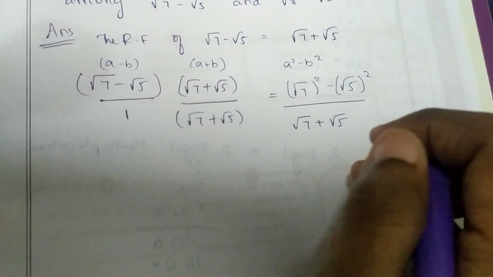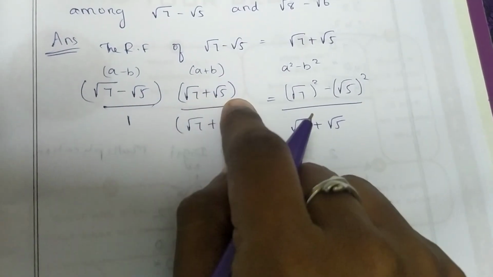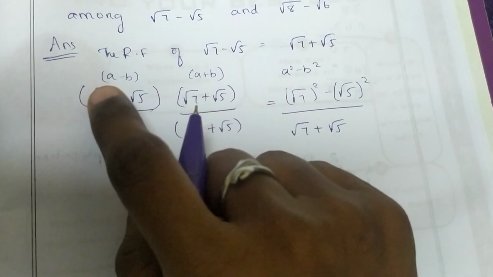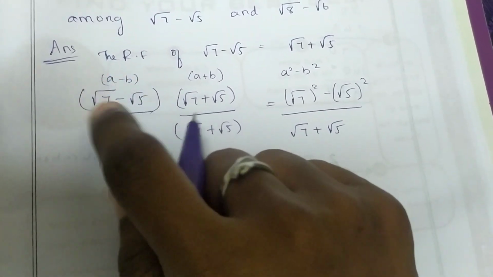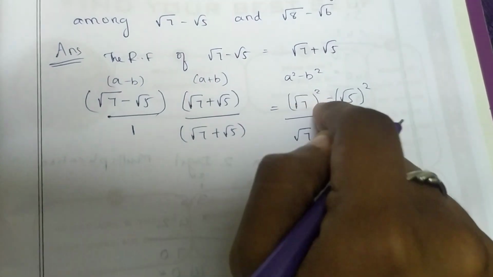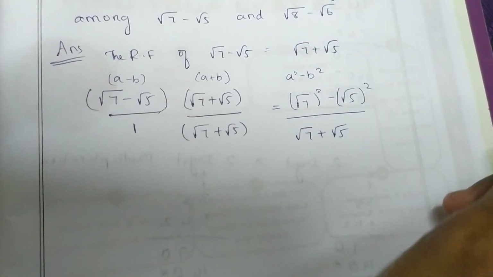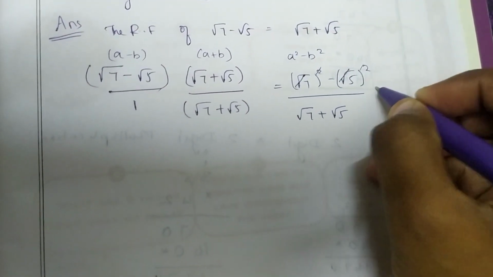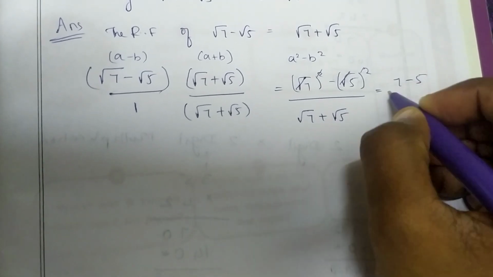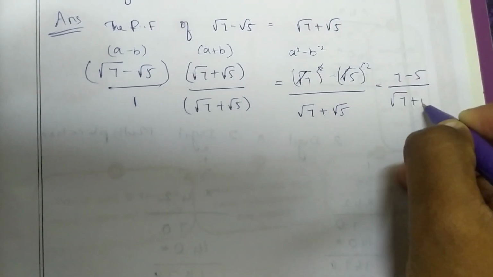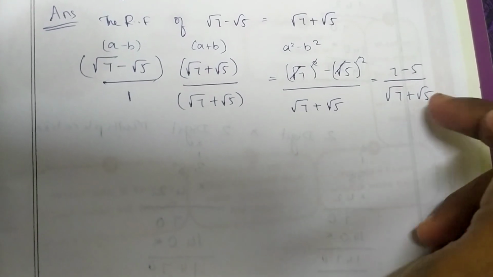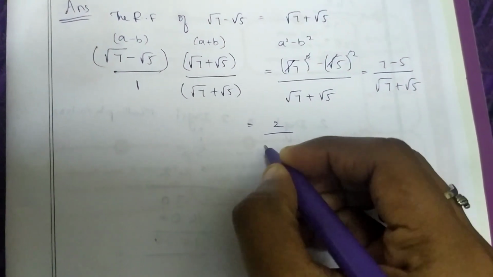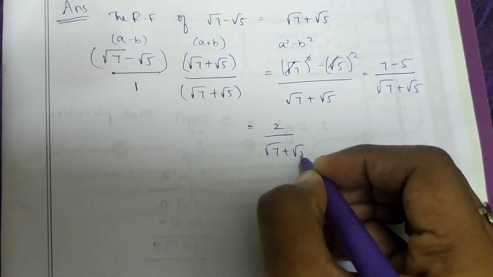Here the value of a is the whole root, so the square and root get cancelled. You get 7 minus 5 divided by root 7 plus root 5. Then 7 minus 5 is 2, so 2 divided by root 7 plus root 5.